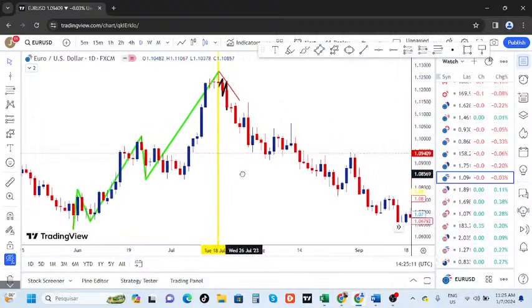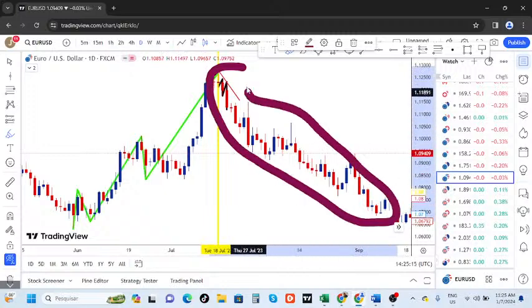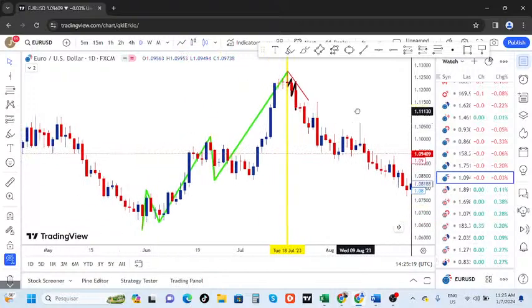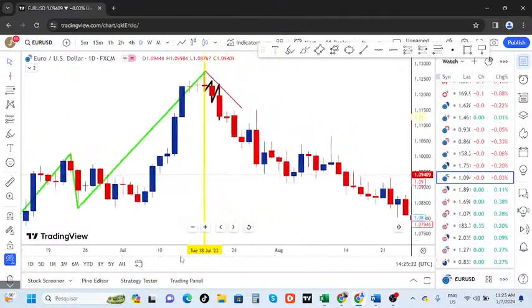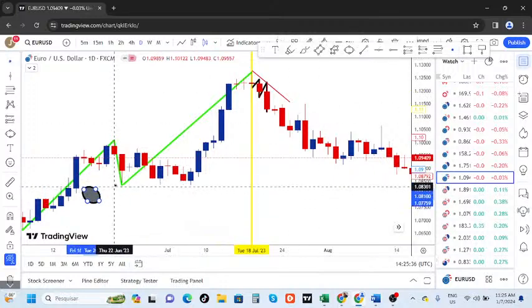For us to confirm that this movement right here has confirmed the downtrend that we want to trade on the 4-hour time frame, we must see the market break this low right here. The market needs to take out this low. Let's confirm which is the lowest.